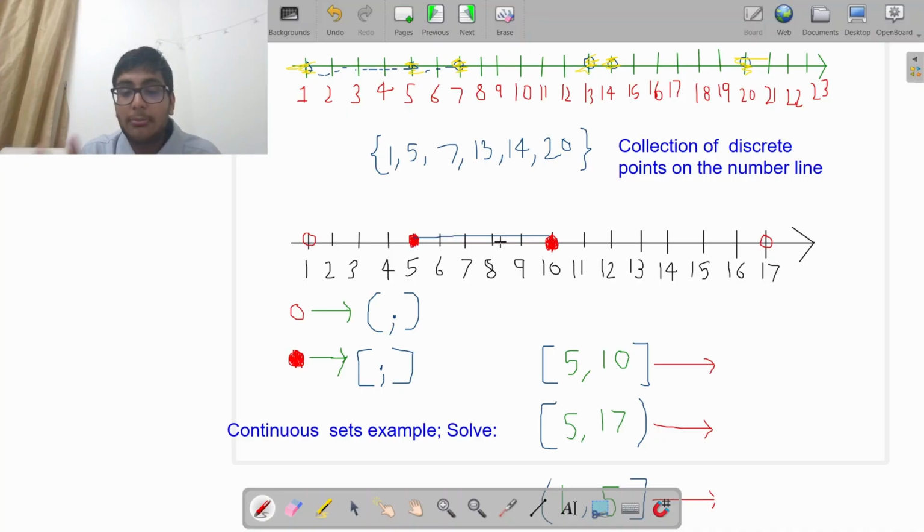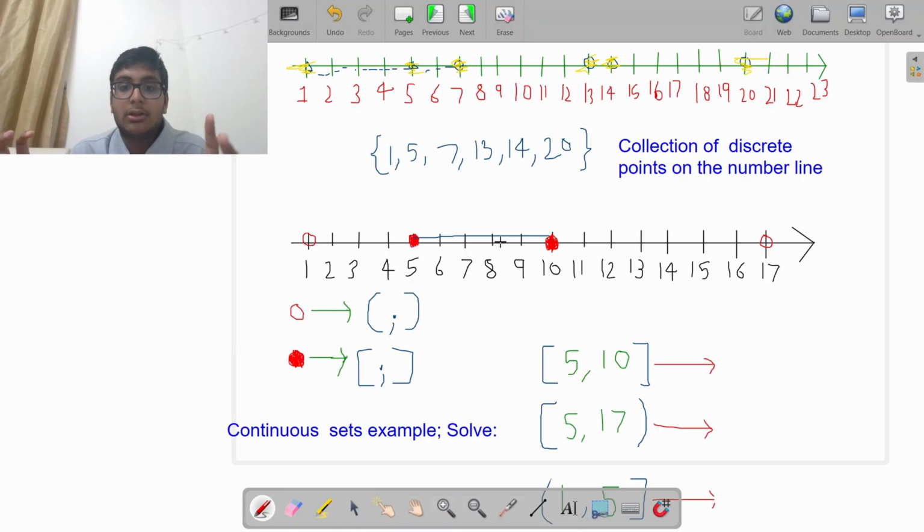It includes all the numbers between 5 and 10, even the smaller points, for example 5.11111111 continuing. It's mind-boggling, but it includes all the numbers.